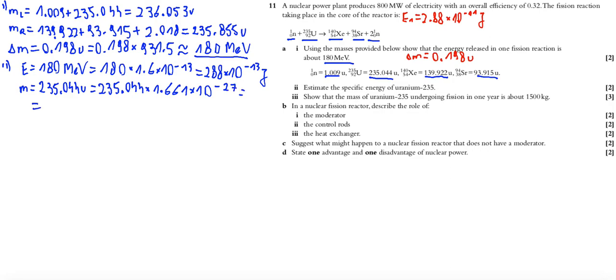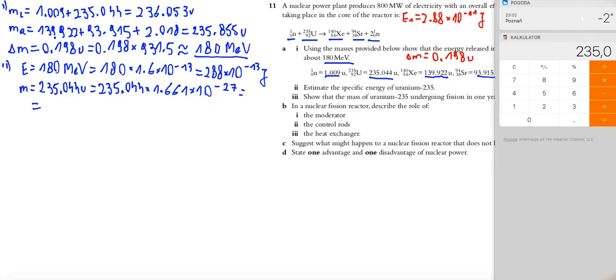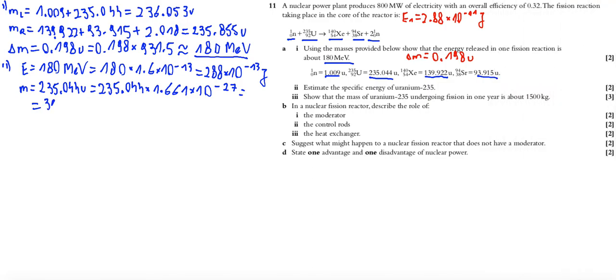And multiply 235.044 times 1.661, which gives 390 times 10 to the power of minus 27 kilograms, or 3.9 times 10 to the power of minus 25 kilograms. And I'm going to write this somewhere. So mass of 1 uranium is 3.9 times 10 to the power of minus 25 kilograms. I think that it will be necessary later.